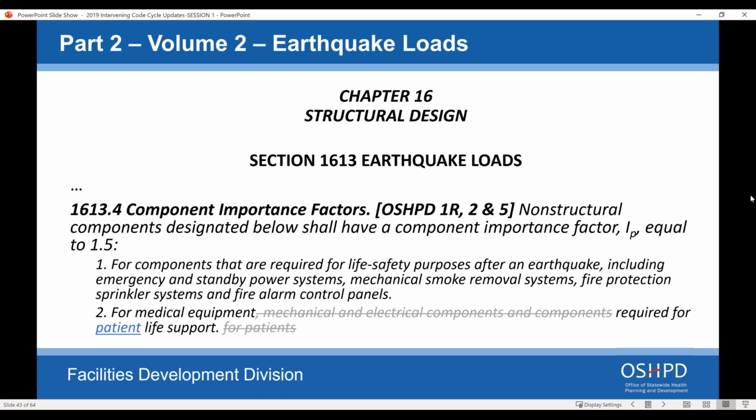So then we clarified the language that only those are I sub p equal to 1.5. These are the requirements in the model code. We didn't want everything to have an I sub p of 1.5, and that also brings with it maybe requirements for special seismic certification. So we eliminated that. We clarified the language there. Next slide.